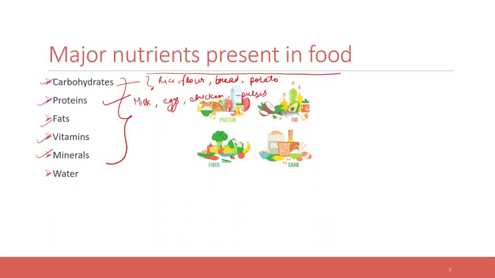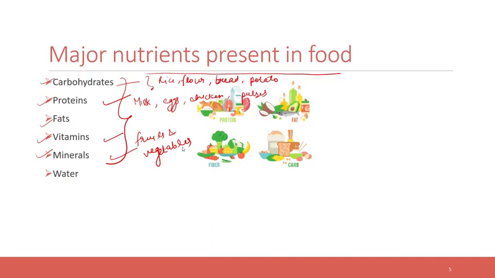These foods provide you with protein, and we also get vitamins and minerals from fruits and vegetables. Fruits and vegetables are rich in vitamins and minerals. Got it?